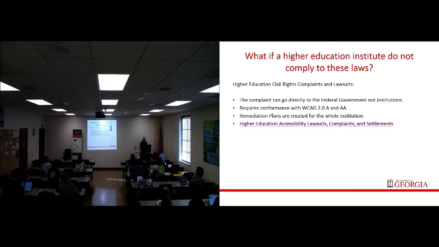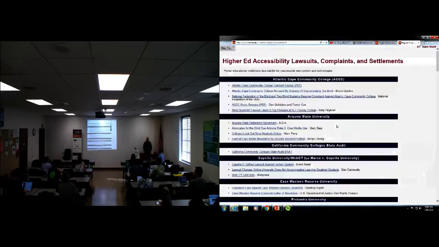Here's a list right here showing you the ones that have been happening. You can see famous names. One of the ones last year were the law schools around the country. The test that the law school used was online, and unfortunately it was not accessible.